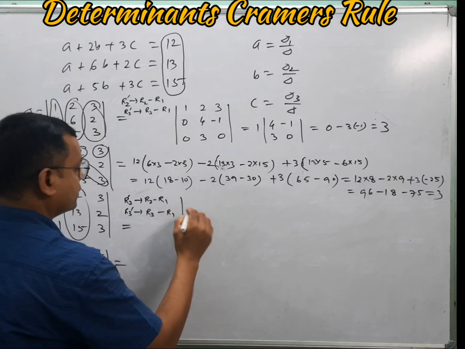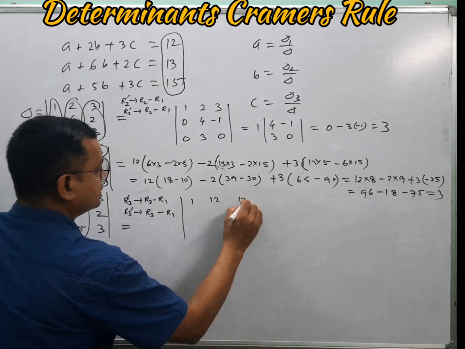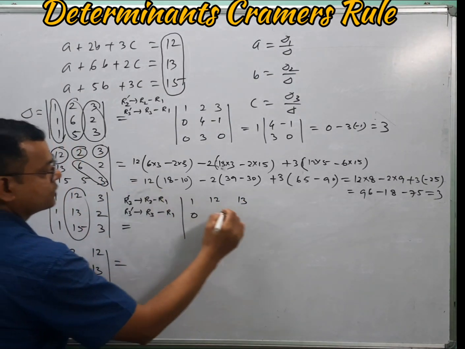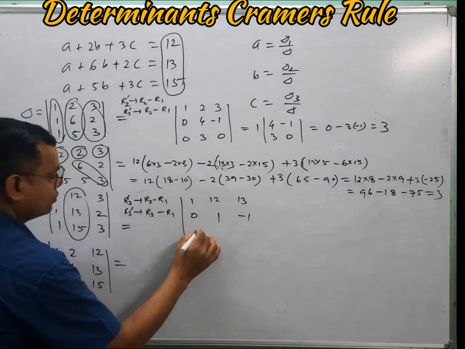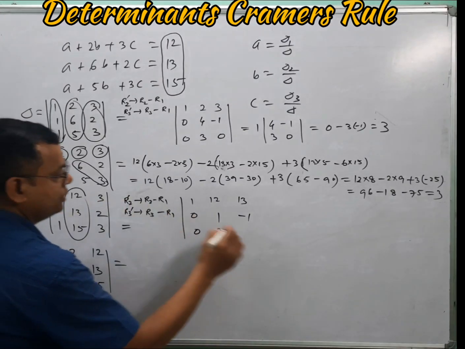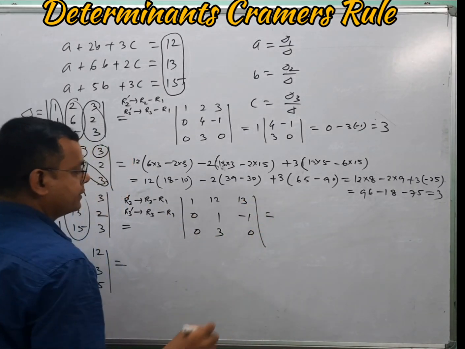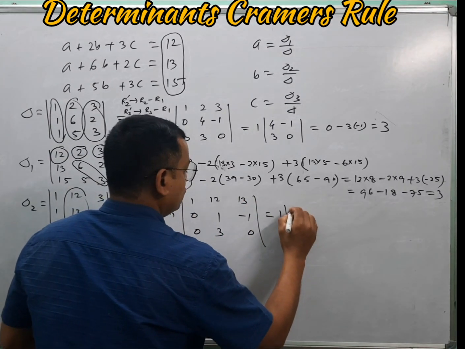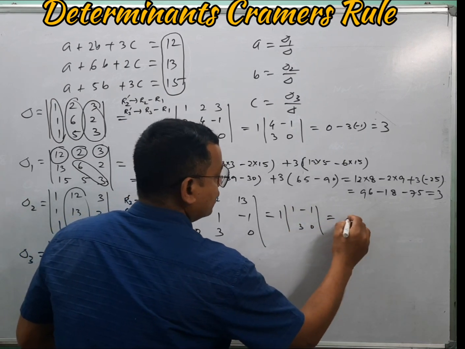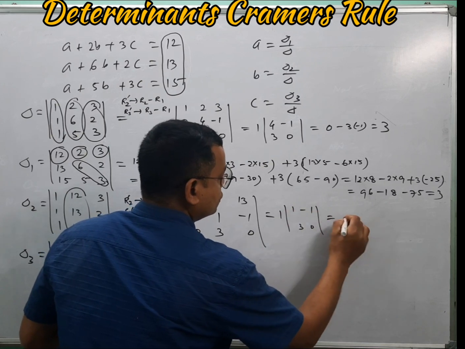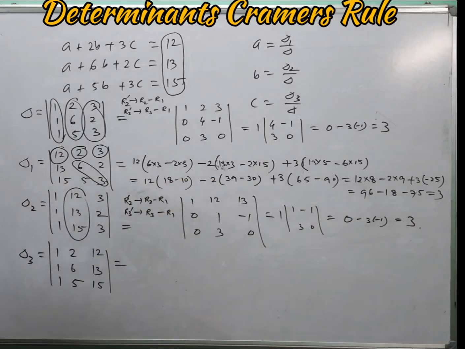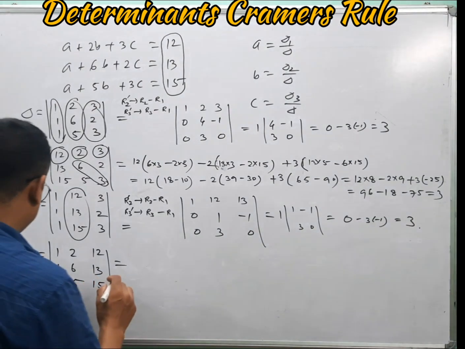That means you are getting 1, 12, 13 as it is, but 1 minus 1, 0, 13 minus 12, 1, 2 minus 3 again minus 1, 1 minus 1, 0, 15 minus 12 is 3, 3 minus 3 is 0. And you calculate it, you will get 1 into 1 minus 1, 3, 0. That means you are getting 1 into 0, 0, minus 3 into minus 1, again you are getting 3. So you got delta 2 also 3.